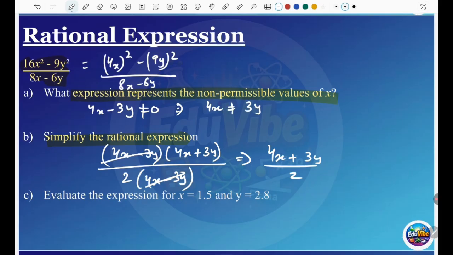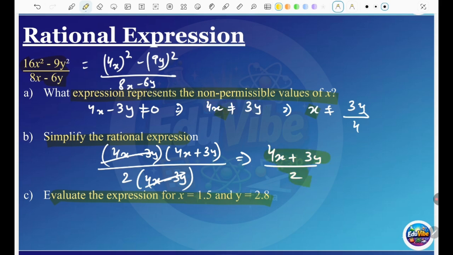Basically, you have to isolate x, so you isolate only x. So x is not equal to 3y upon 4. You always take out x, not y. If multiple variables come, always state x. That's your restriction. Then they ask to evaluate the expression if x is 1.5 and y is 2.8.